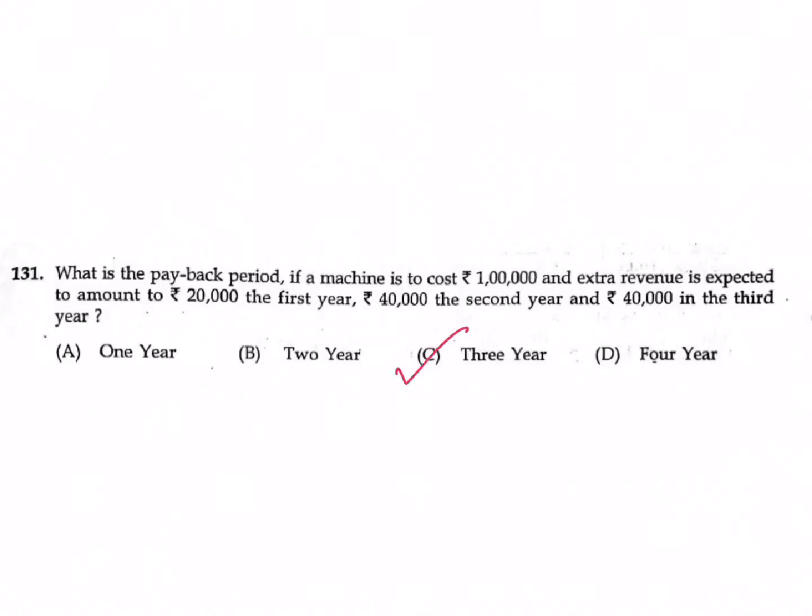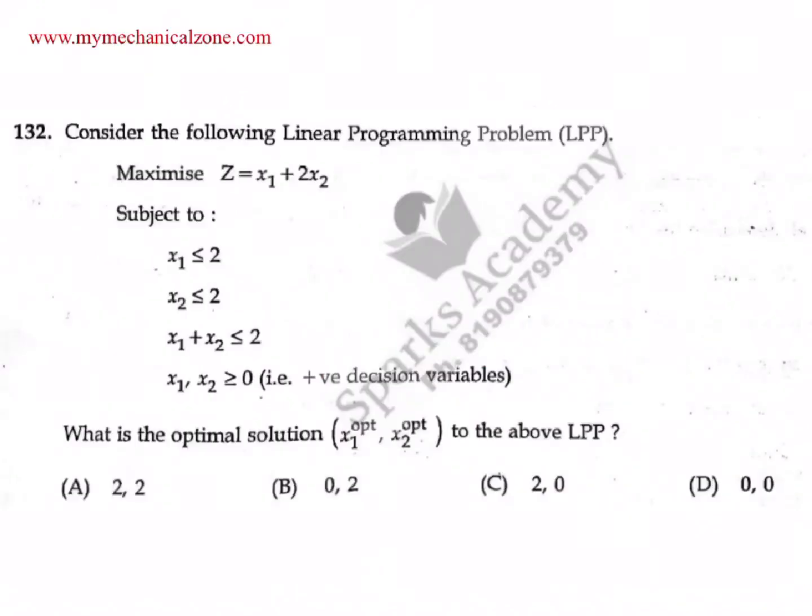Consider the following linear programming problem. We have to calculate Z max. Given equation x1 plus 2x2. So from here you will get x1 by 2 less than equal to 1. Here x2 by 2 less than equal to 1. x1 by 2 plus x2 by 2 less than equal to 1.